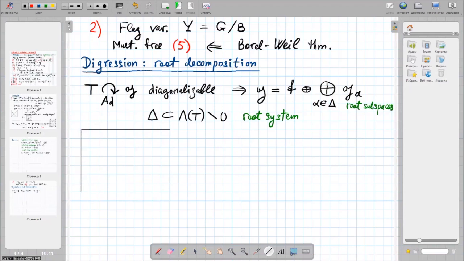Well, Professor, I want to ask a question. Yes, please go ahead. How can we conclude that different characters correspond to different eigenvalues? Well, characters are just eigenvalues for the action of T. Each of these alphas is a character of T, and when the group T acts on this root subspace, it just multiplies the vectors from this subspace.